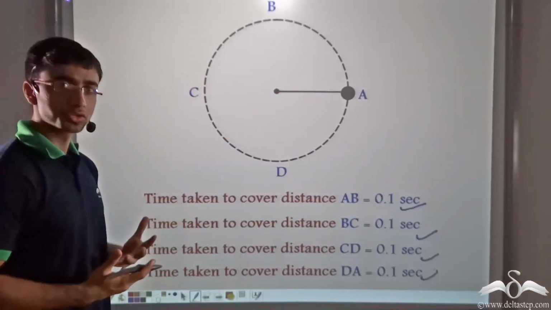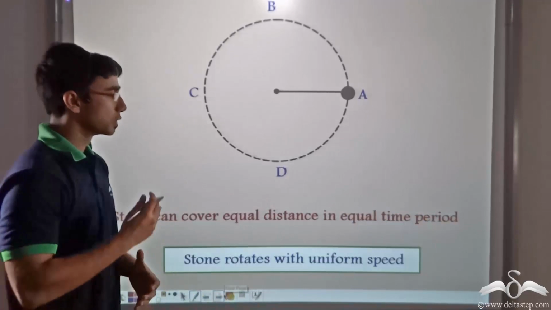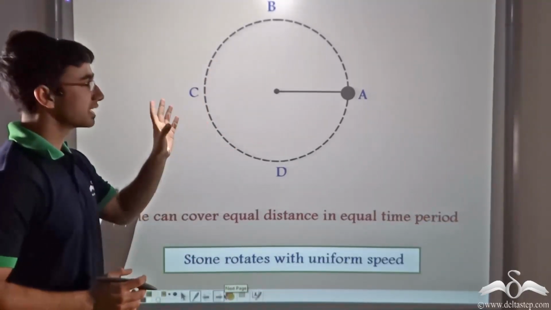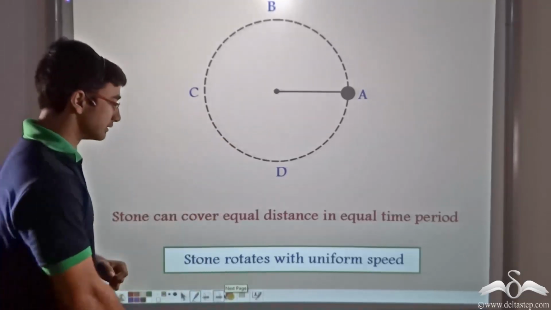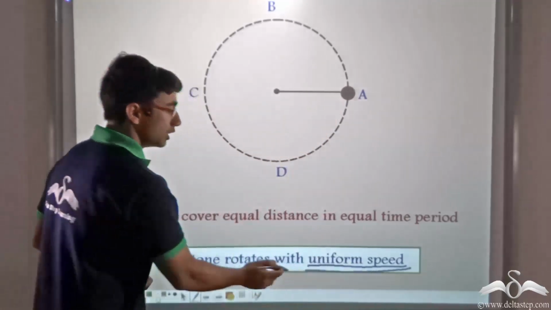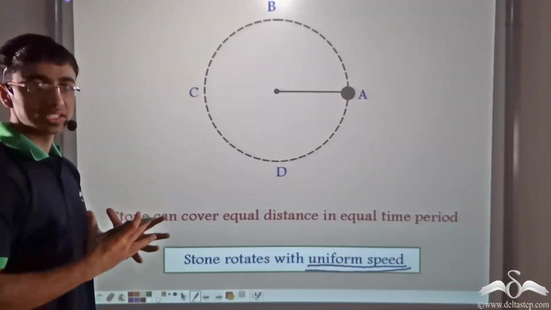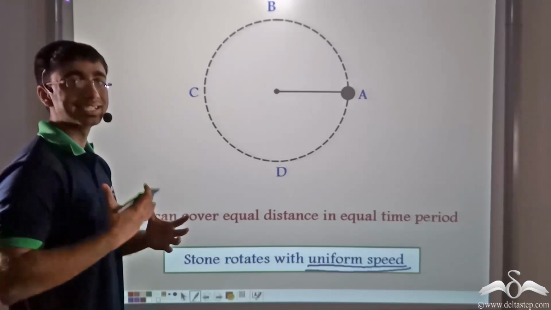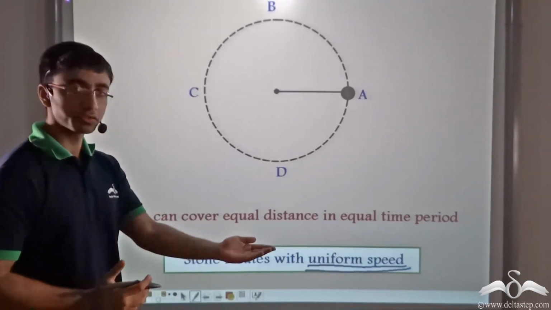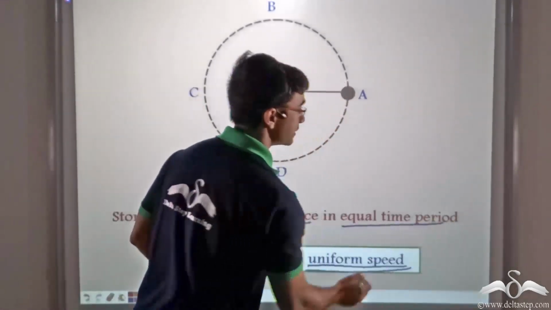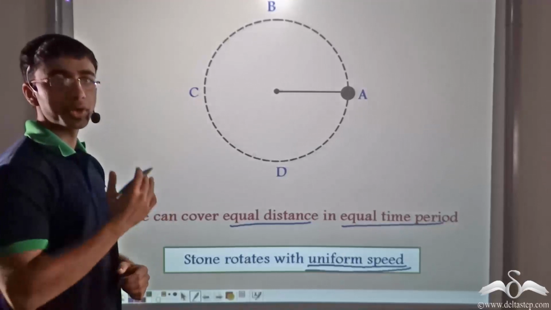So what can we conclude from this? We can conclude that since the stone is moving equal distances in equal periods of time, the stone is rotating with uniform speed. So even though we have seen that the velocity is not constant or not uniform because there is a constant change in direction, the speed is uniform because it is covering equal distance in equal time periods. In this case, 0.1 seconds.